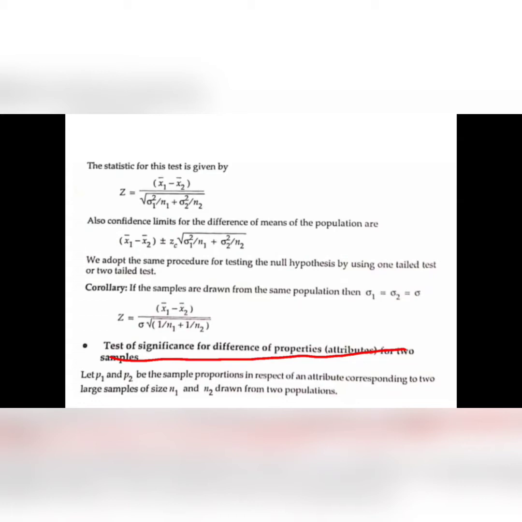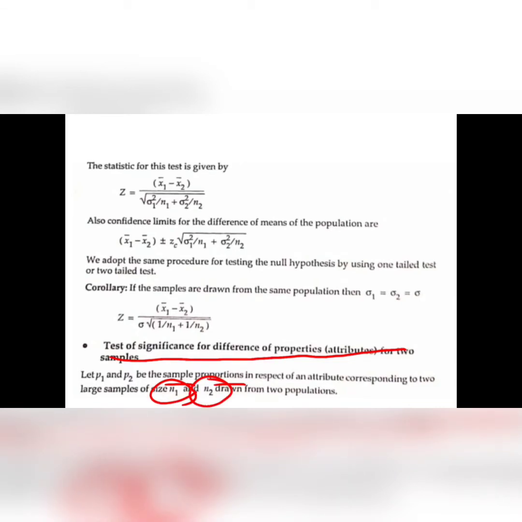Okay, so let us consider P1 and P2 to be the sample proportions in respect of some particular attribute, corresponding to sample sizes of n1 and n2.